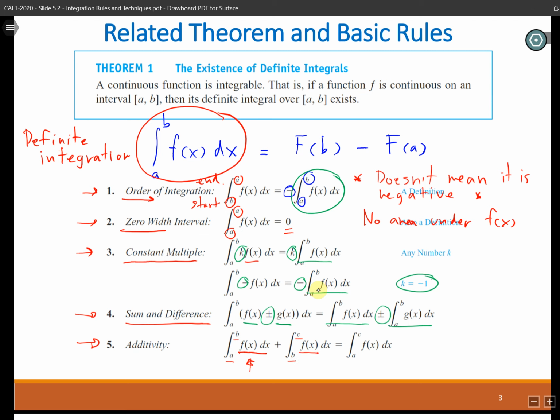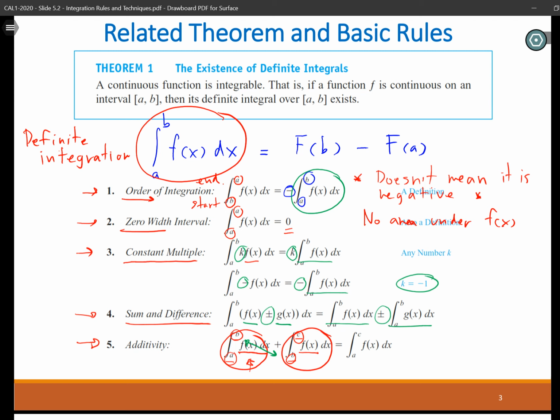So the first one is the area from a to b. And the second one is the area from b to c. So you can see that they have a common junction point.